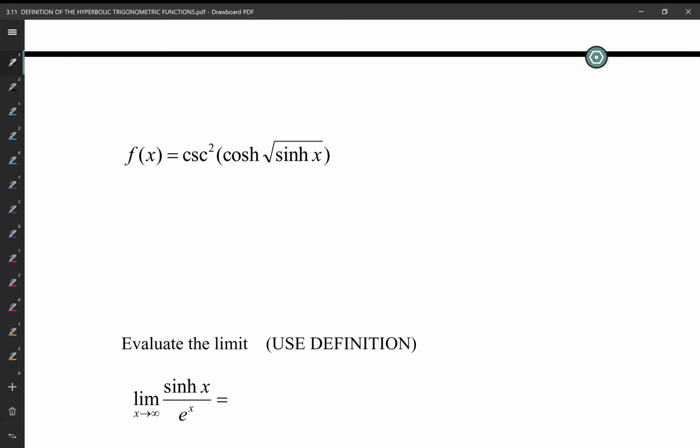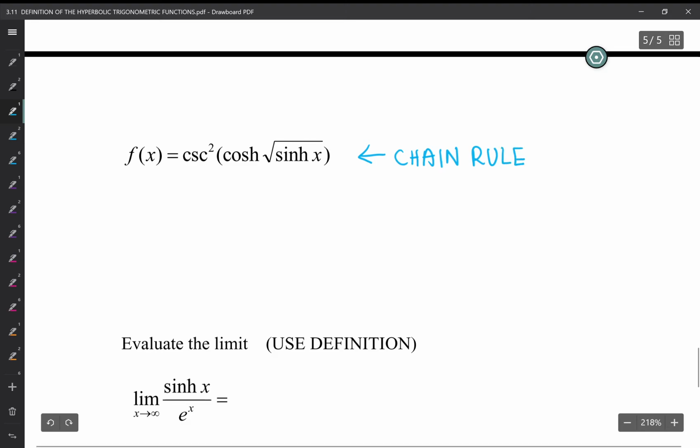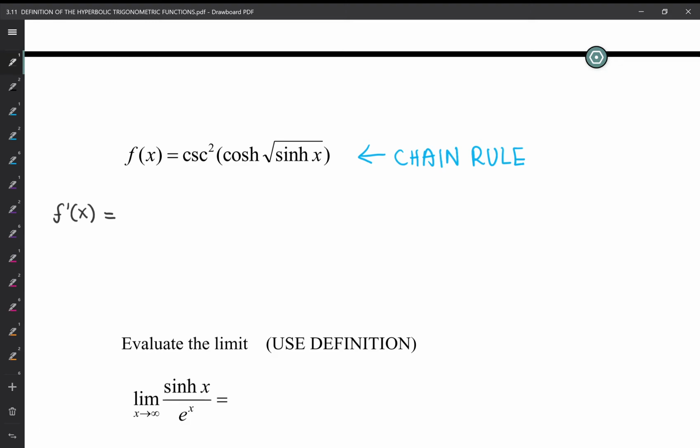Now for probably the grossest function out of the ones that we need to evaluate. This will be a lot of chain rule. Okay. So we have f prime of x is equal to the derivative of cosecant squared.